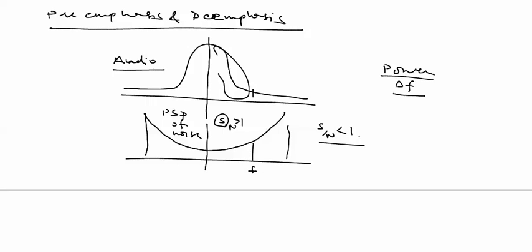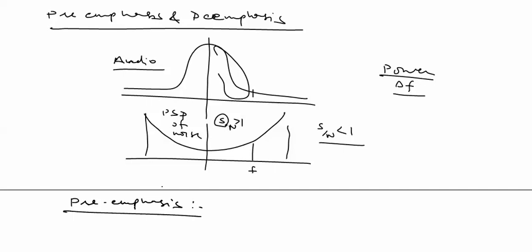For this purpose, we use pre-emphasis. We have an idea: we have to improve the higher frequency signal power strength in order to maintain SNR constant.